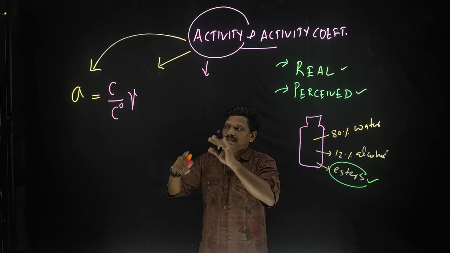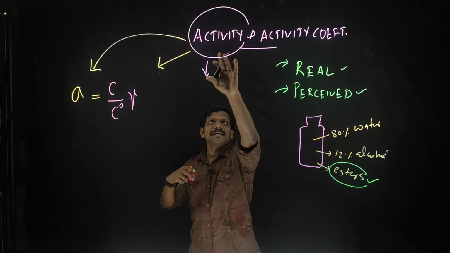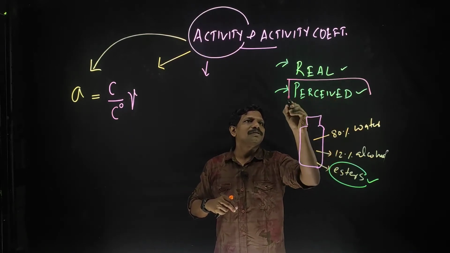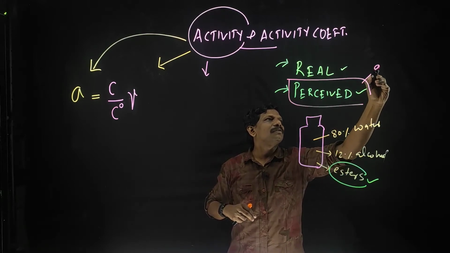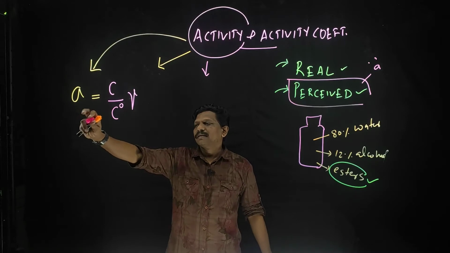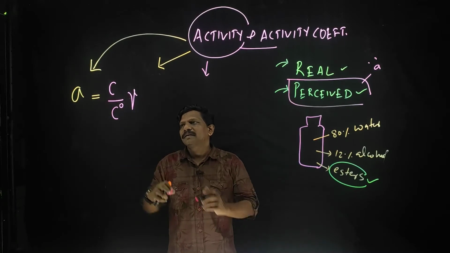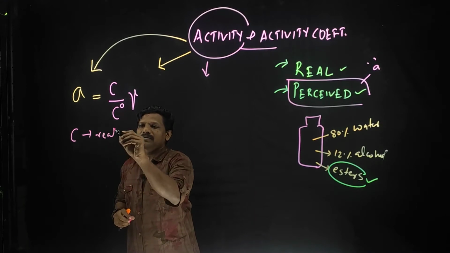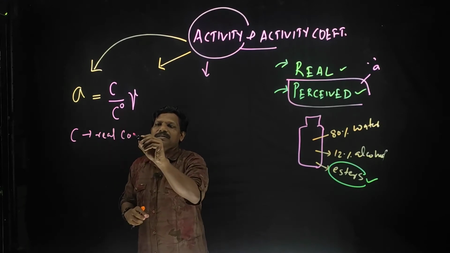Okay, so what are the things you can discuss? A is the activity, that means the perceived concentration. So perceived concentration you can also call A, that is the activity. A is equal to C by C0. What is C? C is the real concentration.